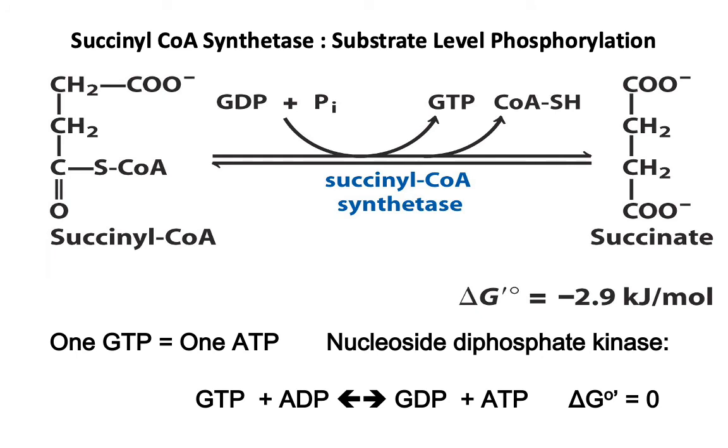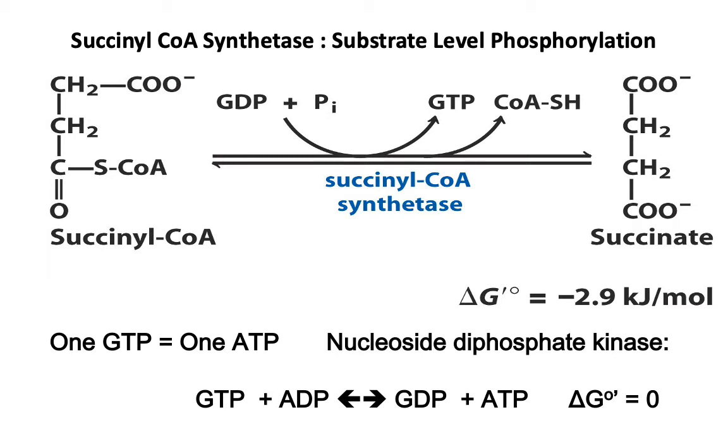Okay, so the next step is to convert succinyl-CoA into succinate, so just take off the CoA. And in doing that, we convert a GDP into a GTP, so we generate some energy there.